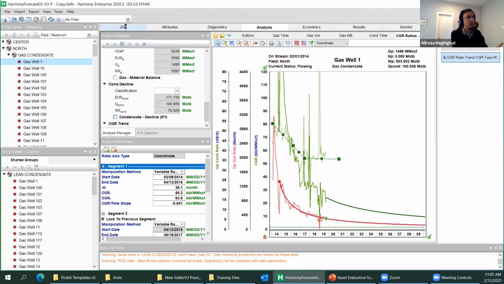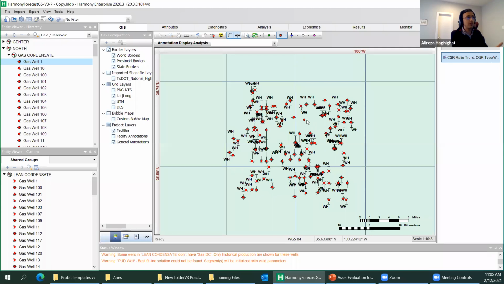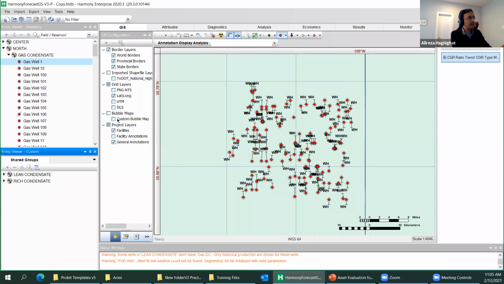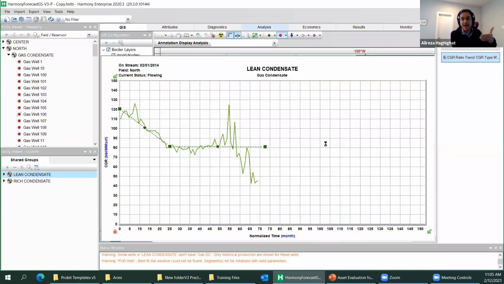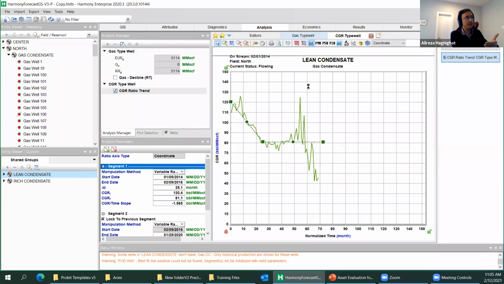Then we wanted to understand what will happen if we drill a new well in the undeveloped area. So what we did, we divided this region into two different type well areas, lean condensate and rich condensate. For the lean condensate, we created a type well by looking at the average performance of multiple wells.